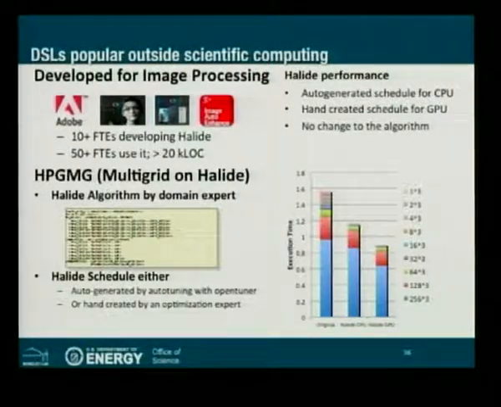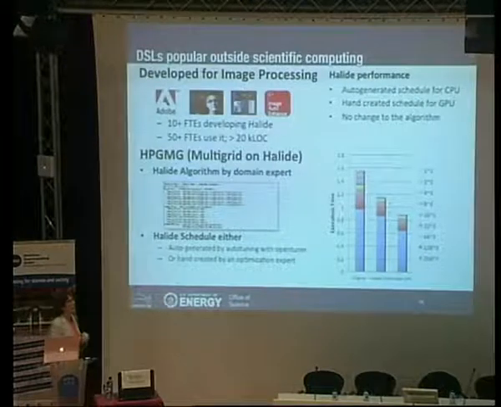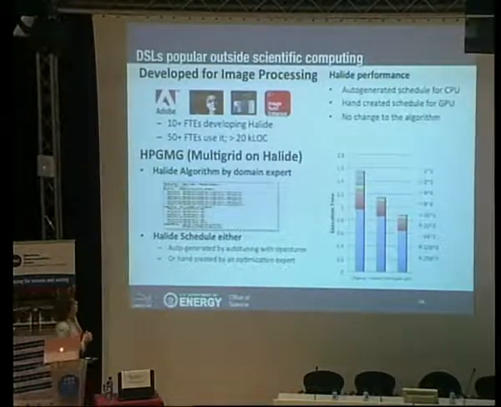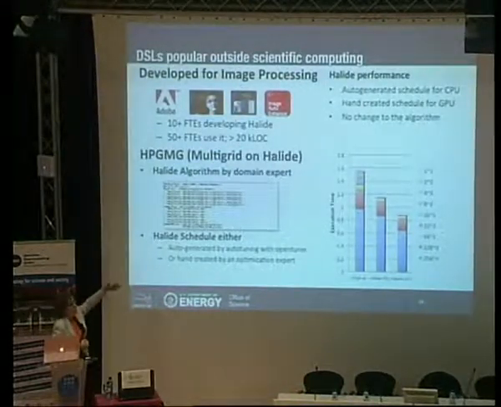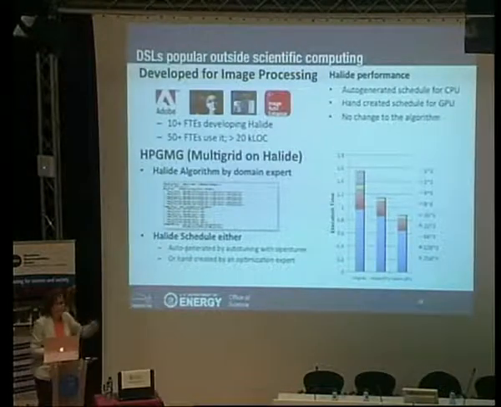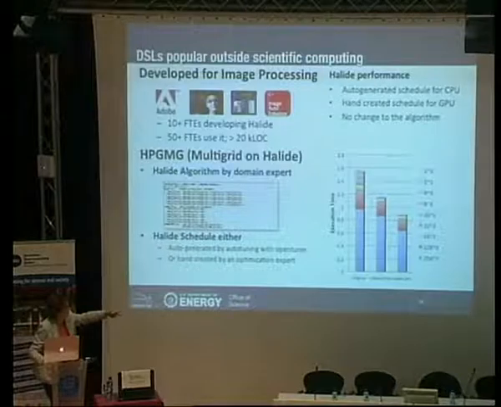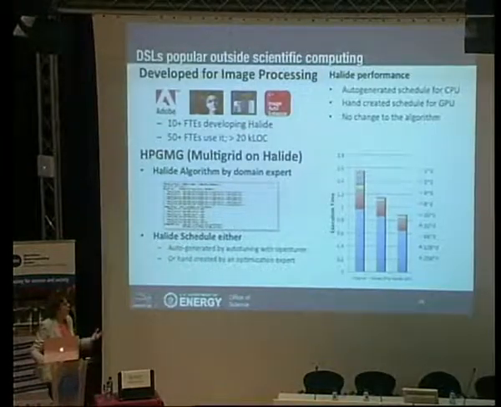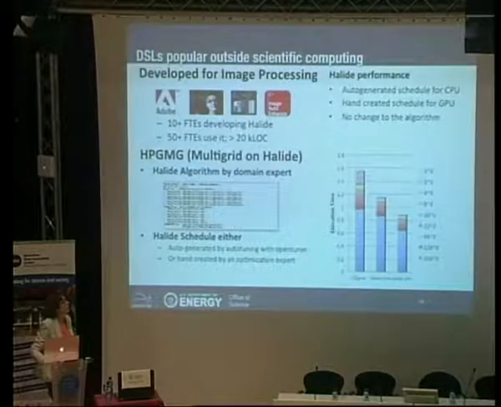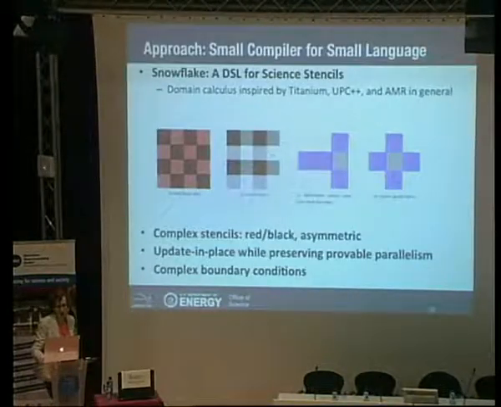It turns out that Halide, because of what you want to do on images, which is things like convolution, also looks like sort of nearest neighbor computations on a grid, and may be applicable also to scientific problems. And there are some performance numbers, and they run it on GPUs as well as on CPUs, and the higher numbers are from the optimizations that Halide is doing.